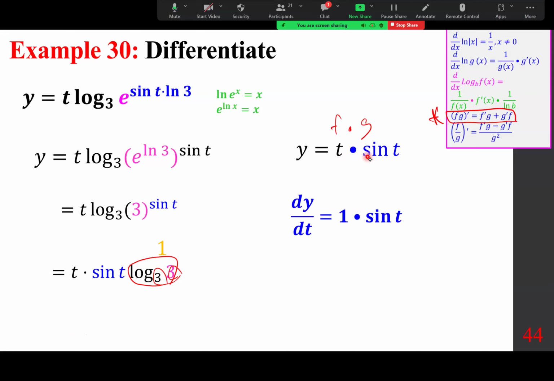You can say dy dt. And again, you can write y prime, but because the independent variable is t, I rather write dy dt. I want to let the readers know that the t is the independent variable. It's not dy dx. So 1 times sine t plus the derivative of sine, which gives you cosine t, times t.